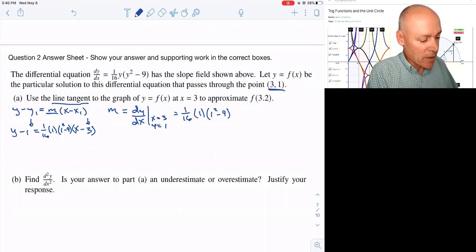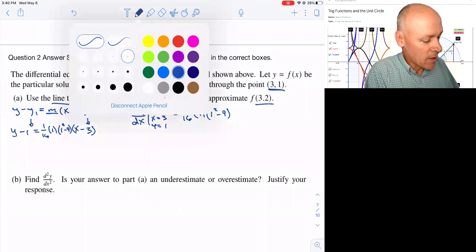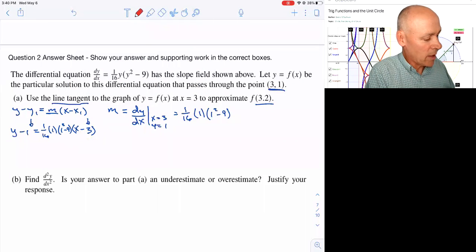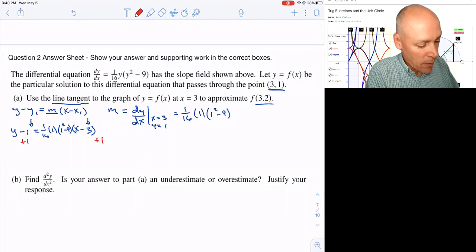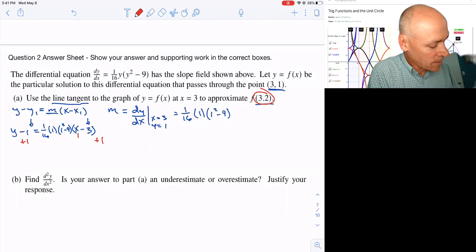And now what I'm asked to do is use that to approximate f at 3.2. Okay, so I've just got to actually do 2 things. First thing, I need to get the y by itself. So I'm adding 1 to the other side of the equation. And then the other thing is I want to insert 3.2 for my x.